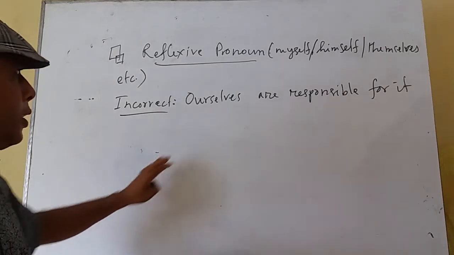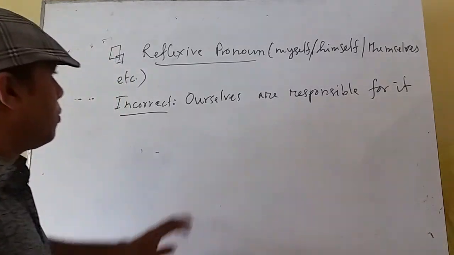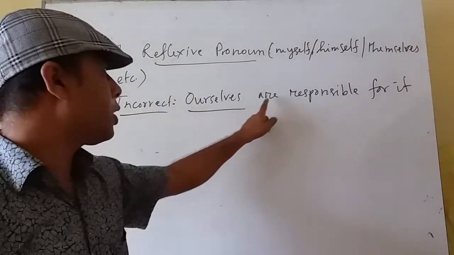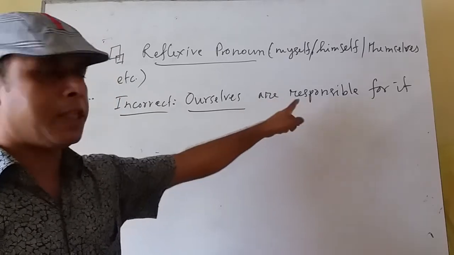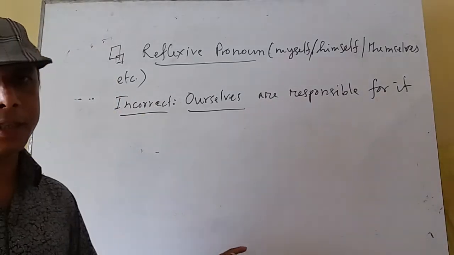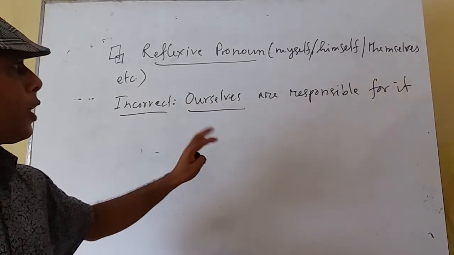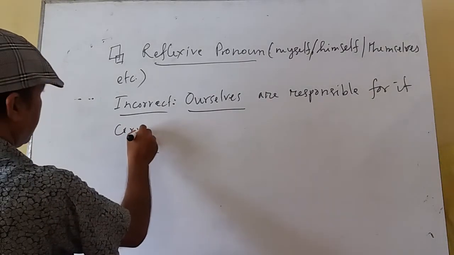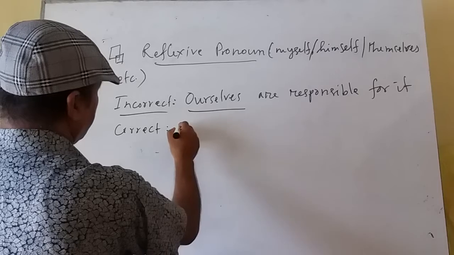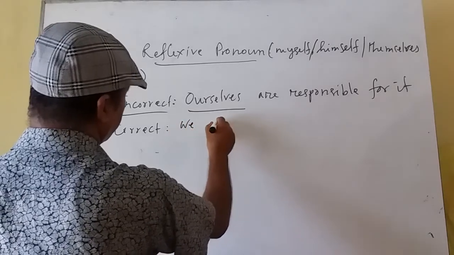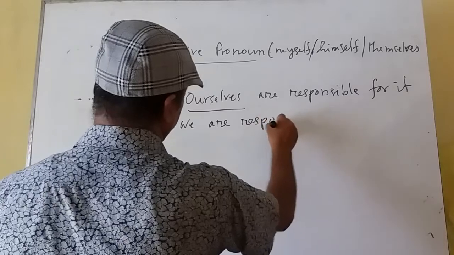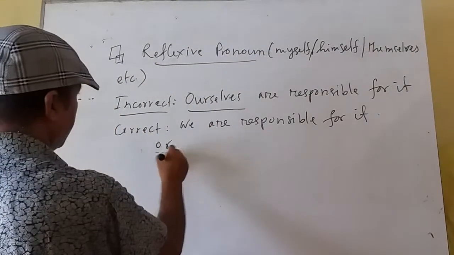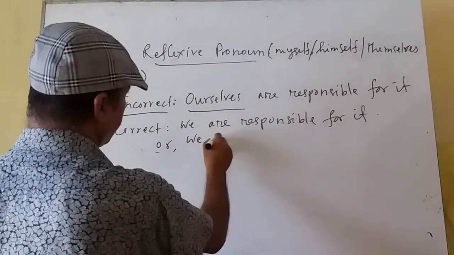Here we look at the reflexive pronoun. The reflexive pronoun alone has been used as the subject of the sentence, which is totally incorrect, because a reflexive pronoun cannot be used as subject alone. We can correct it. We can use: We are responsible for it, or you can also use we ourselves.